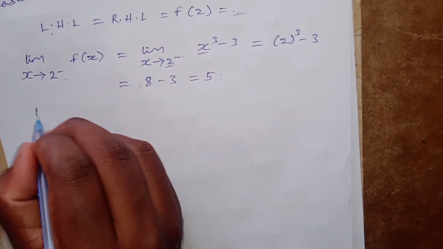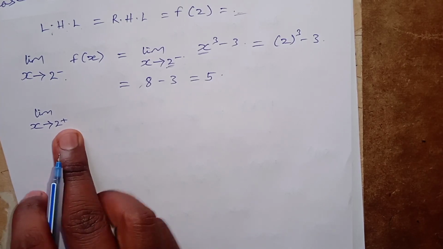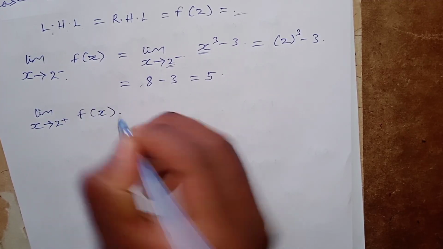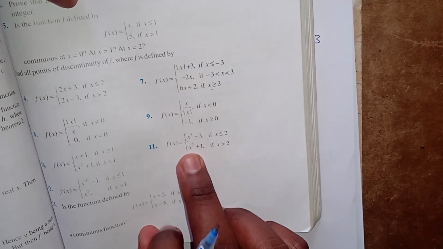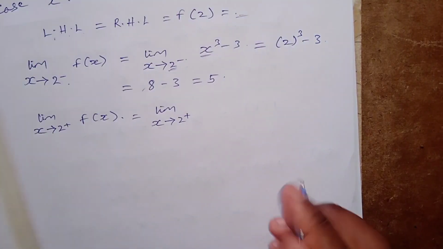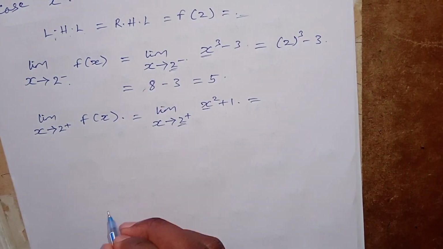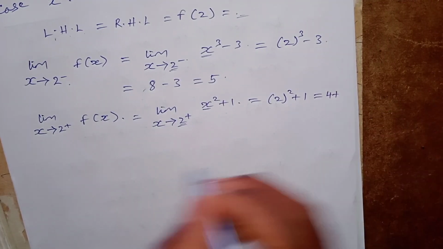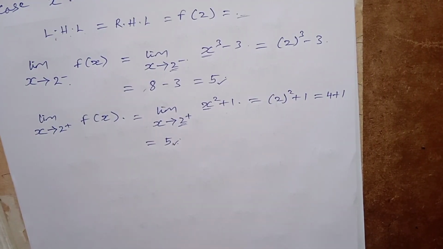Next limit x tends to 2 plus, right hand limit, just greater than 2, 2.1, 2.2, you can take like that. f of x, here limit x tends to 2 plus, therefore just greater than, I am taking x squared plus 1. Here you have to substitute the value of x, therefore 2 squared plus 1 equal to 4 plus 1, 5. Therefore here it is 5, here also it is 5.